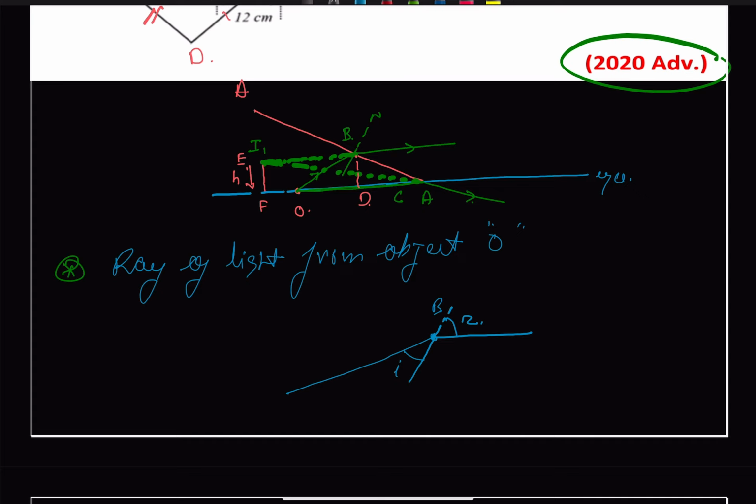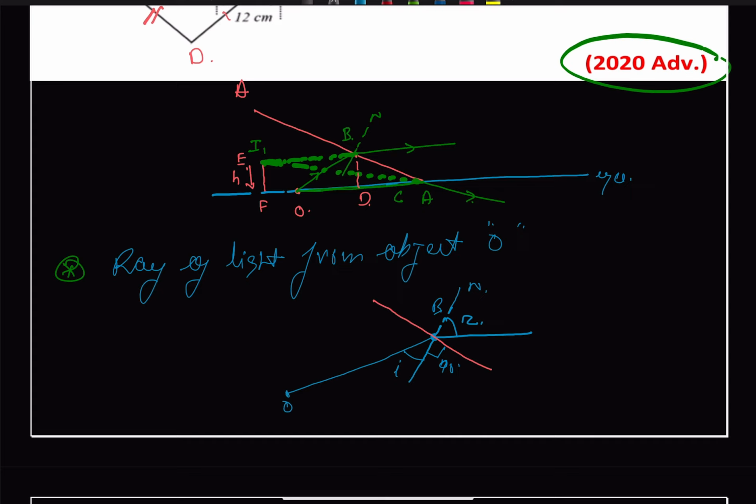And so this is our normal N, and this angle will be our 90 degree, and this is our point O.